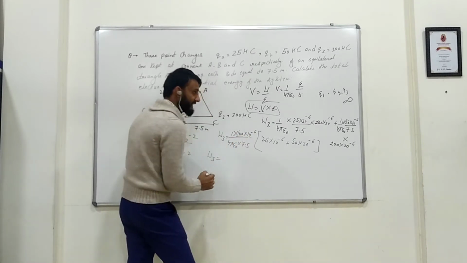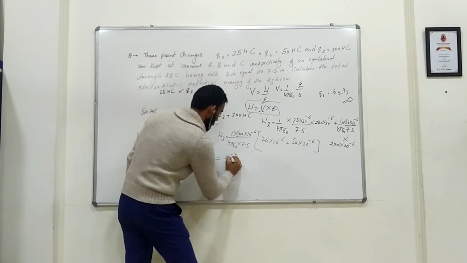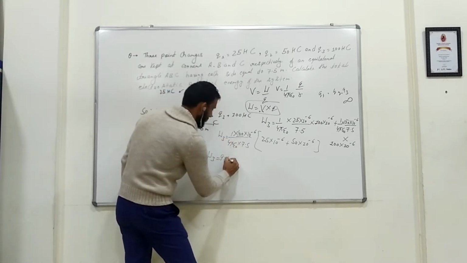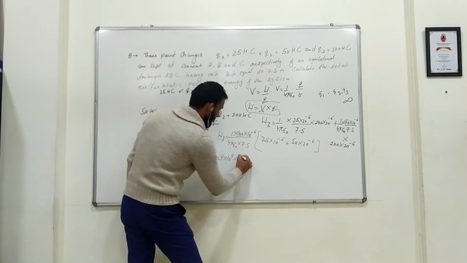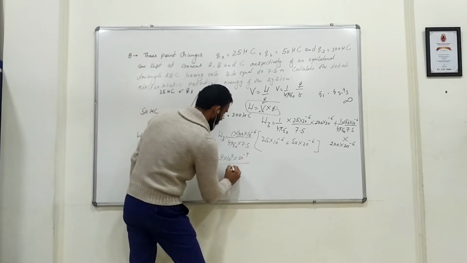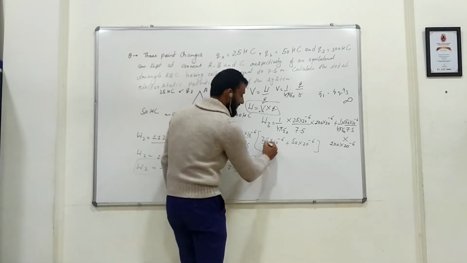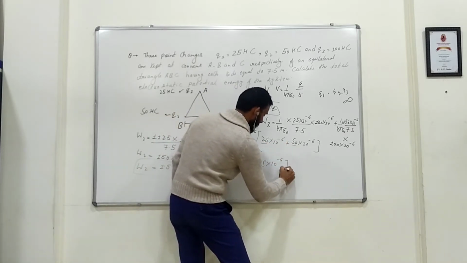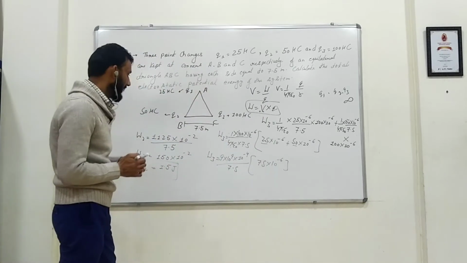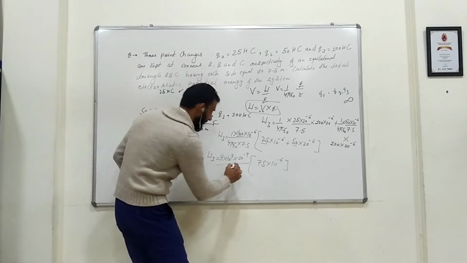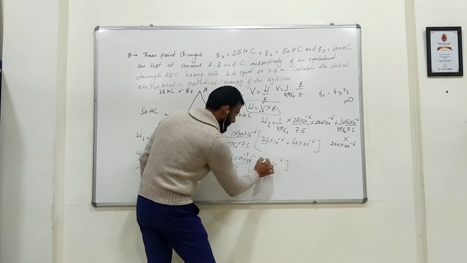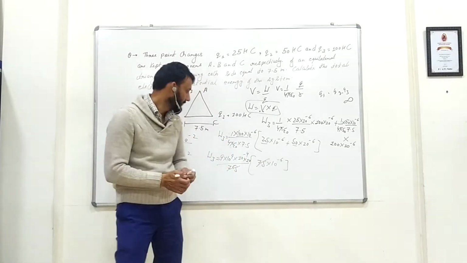100 into 10 to the power minus 6 is 10 to the power minus 4, and 1 upon 4 pi epsilon naught is 9 into 10 to the power 9, into 10 to the power minus 4 upon 7.5, and then 25 plus 50 is 75 into 10 to the power minus 6. Correct? Now if I remove this point, I can write 10 here, 75 goes off.